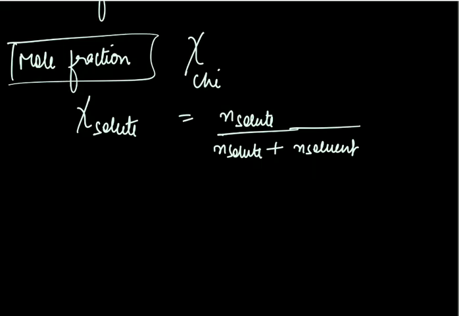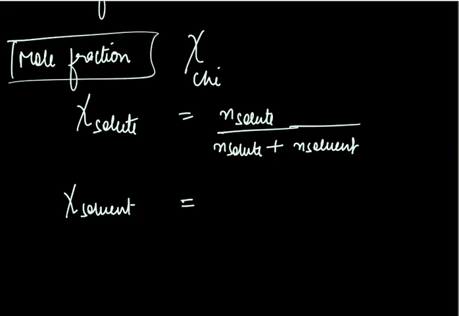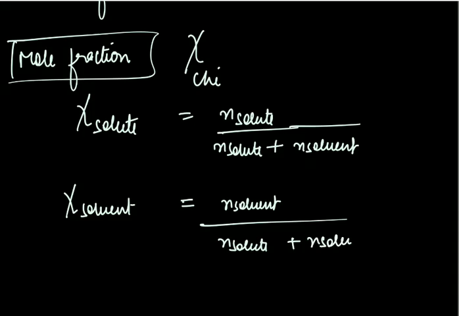Then we come to the next part, mole fraction of solvent. So the point over here is that whatever mole fraction you're calculating for solute or solvent, you keep the number of moles of the same in the numerator. So number of moles of solvent divided by the same number of moles of solute plus number of moles of solvent.